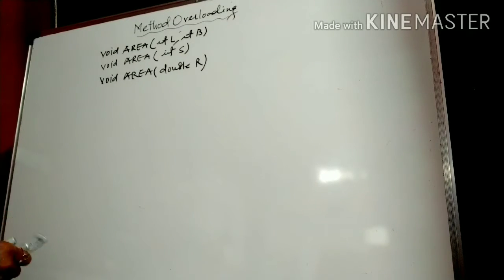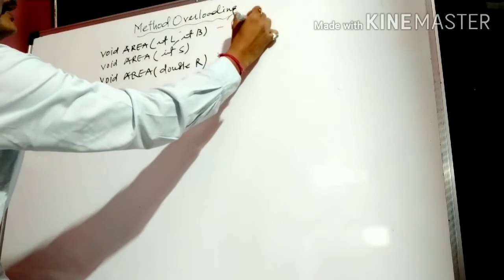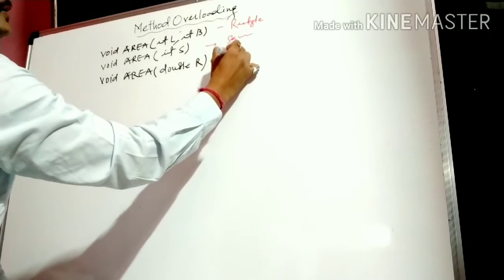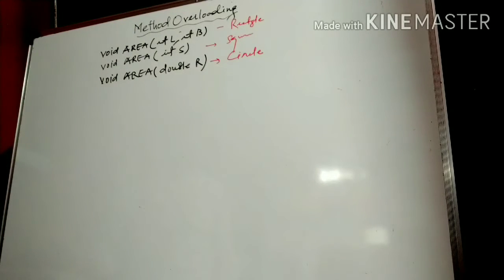What we have to find is the area of a rectangle, the area of a square, and the area of a circle. This type of question will carry 15 marks.